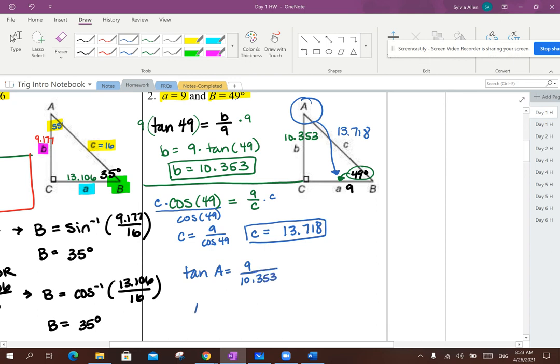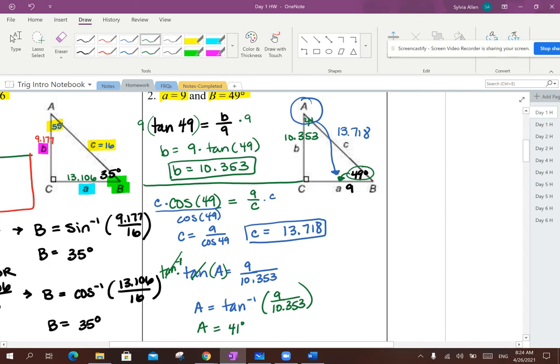That means A is equal to tangent inverse. Remember what you have to do. To isolate the argument, you have to multiply tangent by its inverse, which is tangent -1. Tangent -1 isolates the A. Whatever you do to one side, you do to the other side. And then when you put that into your calculator, you get 41 degrees.